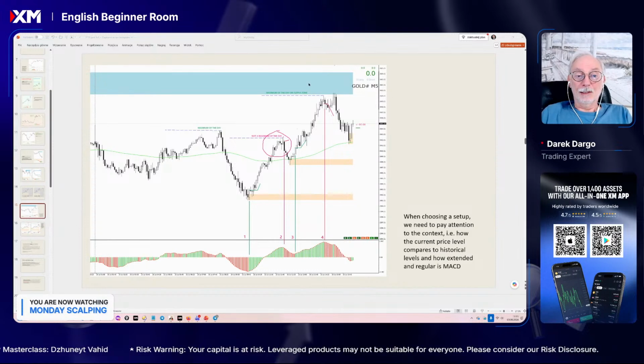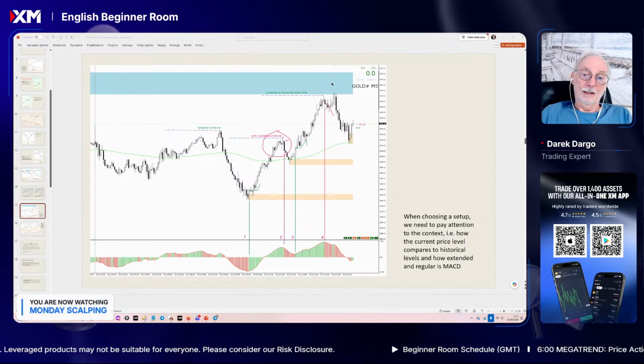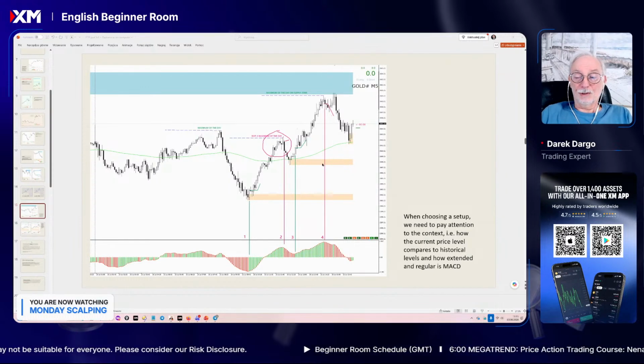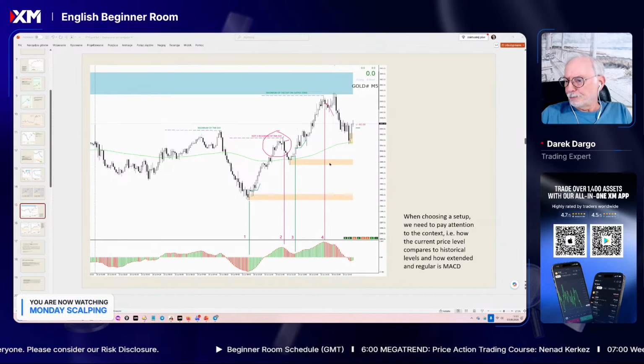But the reason I am using those supply and demand zones is that it's also a kind of natural resistance or natural support for the price.